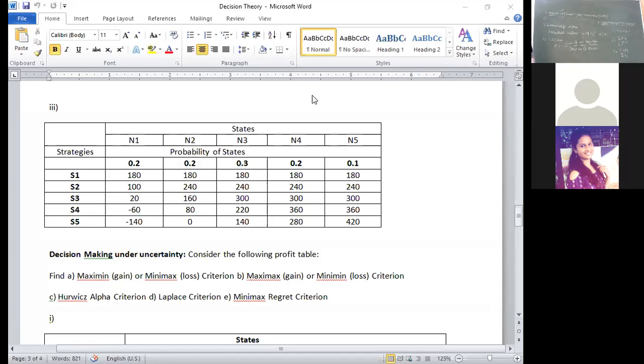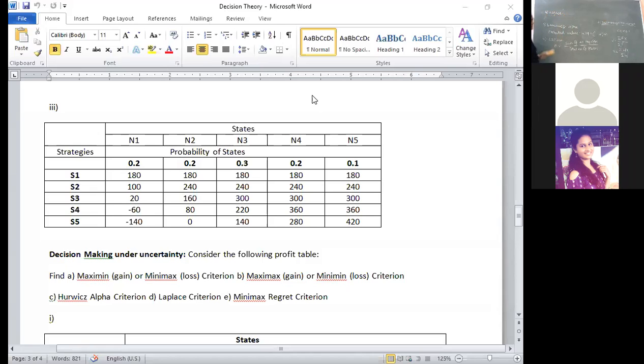Then the last one, that is regret criteria. Fifth one, not fourth, regret criteria.